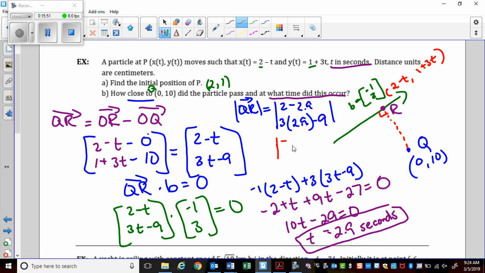Negative 0.9 and negative 0.3. The magnitude of this is equal to the square root of negative 0.9 squared plus negative 0.3 squared. Remember, when we square it, it becomes positive. You're not going to get a negative in there. I got something like 0.948 centimeters. Just check. I think we're in centimeters. Check and make sure I'm right.